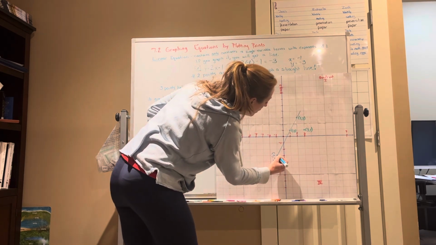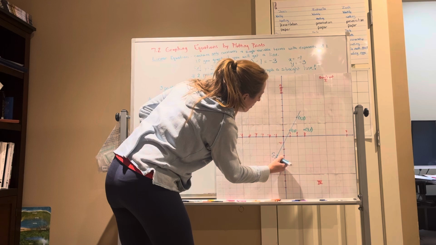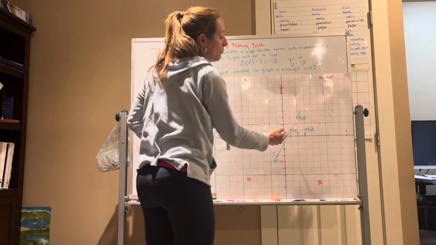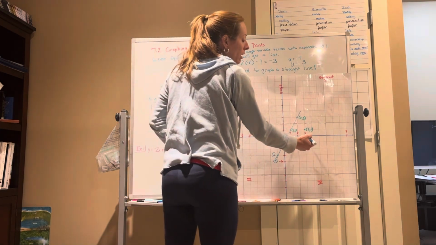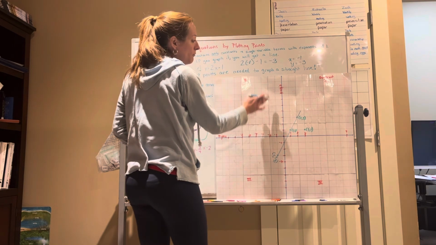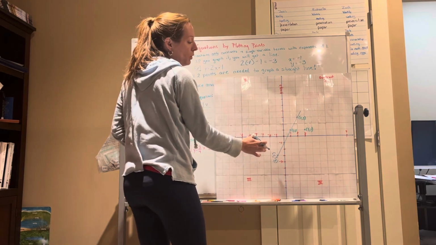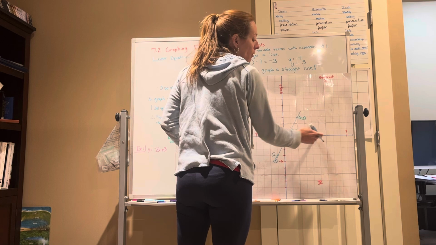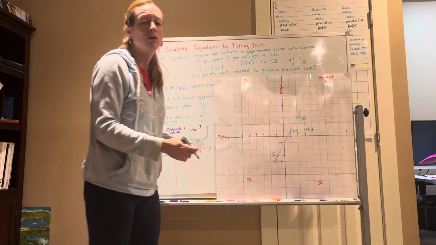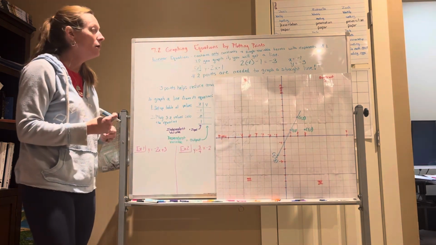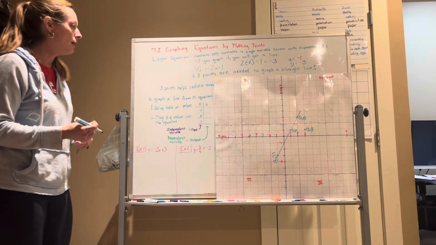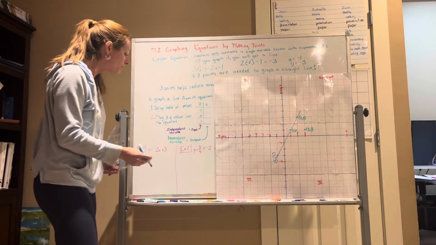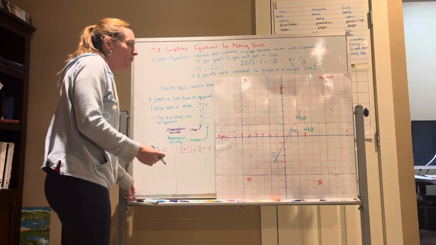Graphing the equation is helpful because then you can get an idea of what the value for the function or the equation would be for all these different x values without having to actually do the math and find out that value. So graphing the equation can be very beneficial.